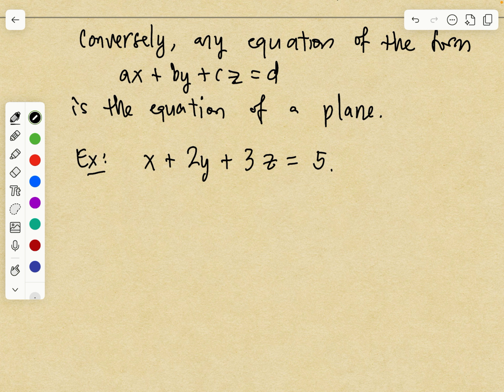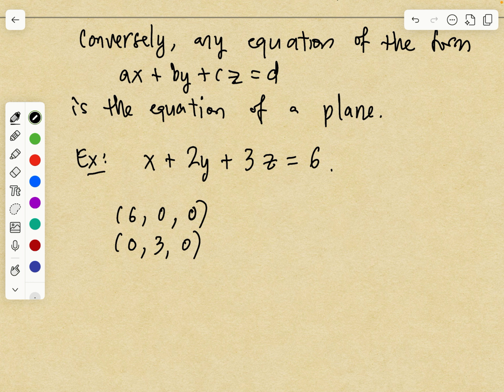Well, suppose that I had 2 points x, y, z that satisfy this equation. For simplicity, let's just make the 5 into a 6, just to make the numbers work out better. So you could have something like 6, 0, 0, that's on the plane, right? Or 0, 3, 0 is on the plane.